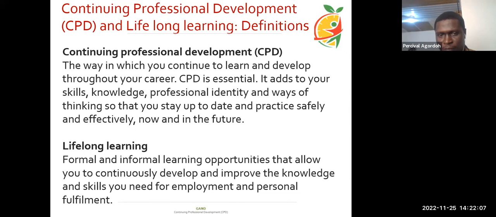That is one of the examples of informal learning, which helps you to continuously develop and improve your knowledge and skill so that you can maintain your employment and achieve personal fulfillment. So these are the two definitions of the two words that we are using together. Now, somehow, these two terms are used together or sometimes to mean the same thing. Now, nutrition and dietetics is a career of lifelong learning, a career where you are expected to continue to develop and improve on the knowledge.